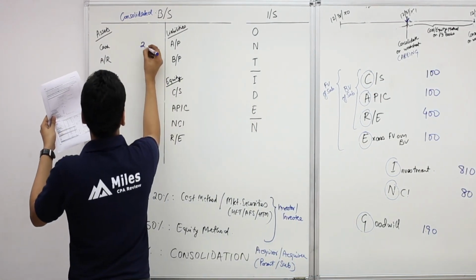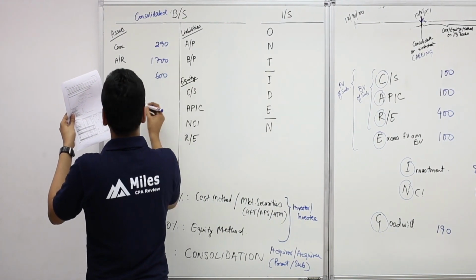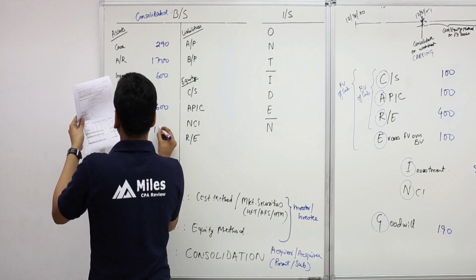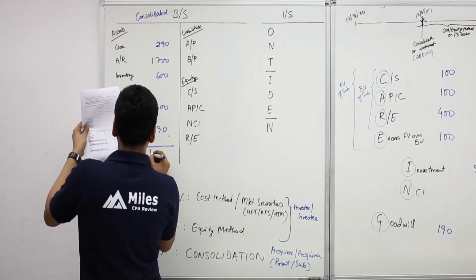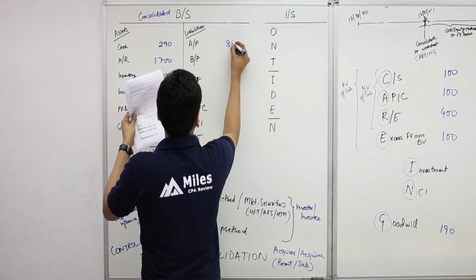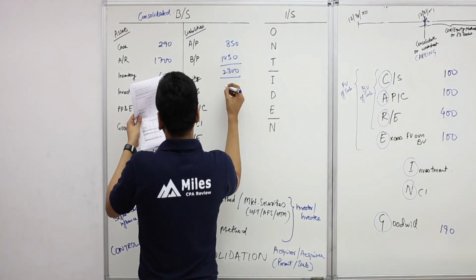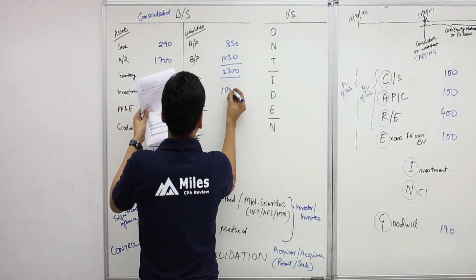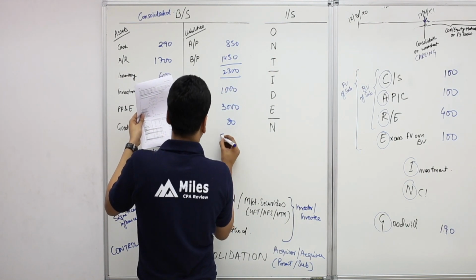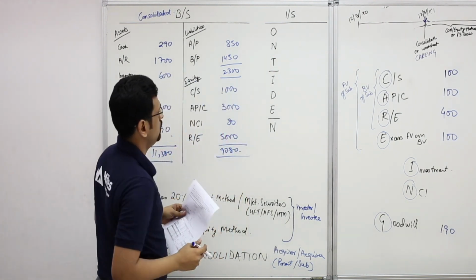Cash 290, accounts receivable 1700, inventory 600, equipment 8,600, goodwill 190, so that's 11,380. Accounts payable 850, bonds payable 1450, total 2,300, common stock 1,000, APIC 3,000, non-controlling interest 80, and retained earnings 5,000, 9,080.